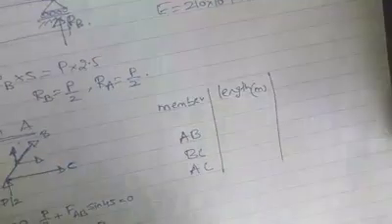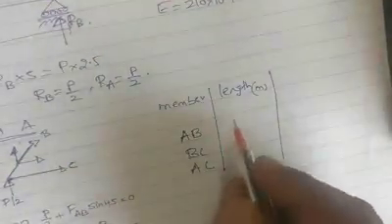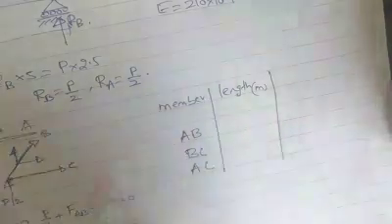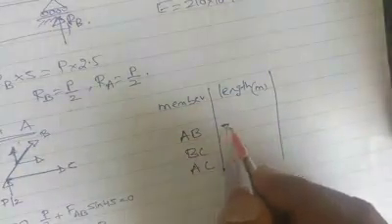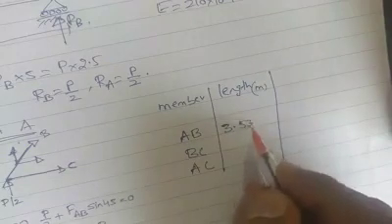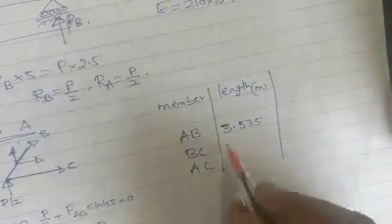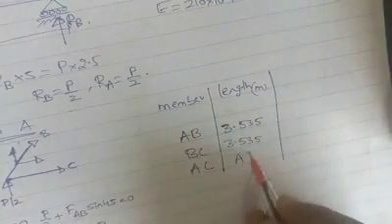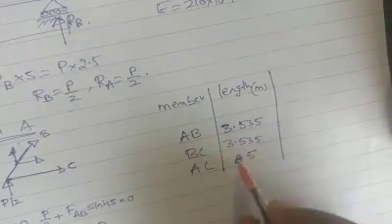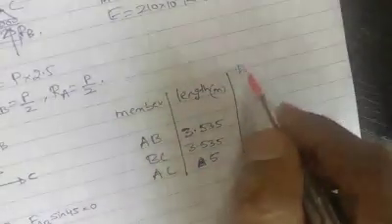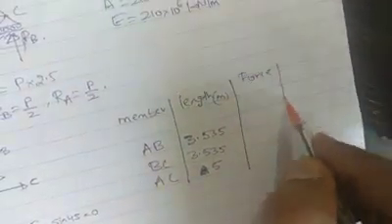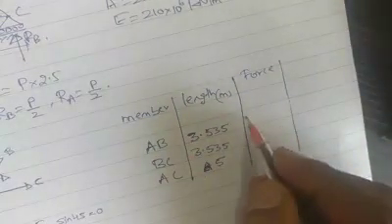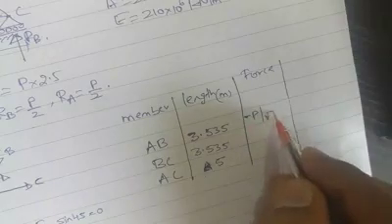By using trigonometry, we will be getting the length of AB as 3.535, and BC also 3.535, and AC is given as 5 meters. Now the force we found out is FAB equal to minus P by root 2.